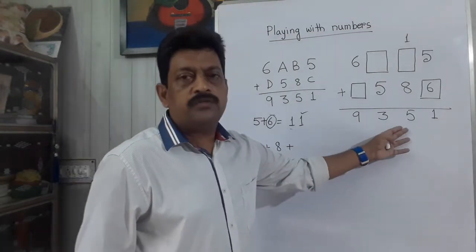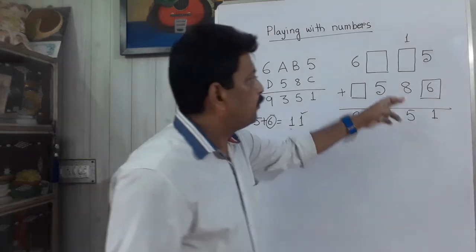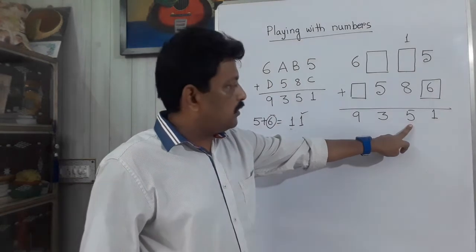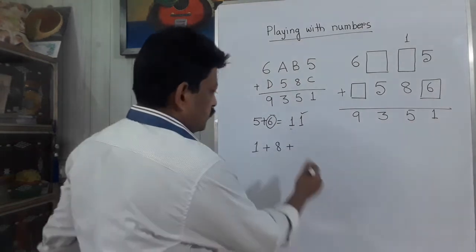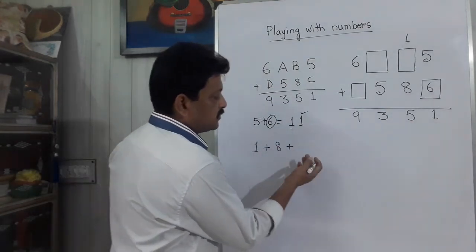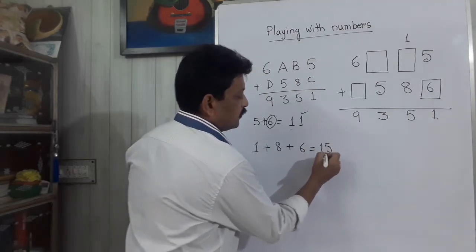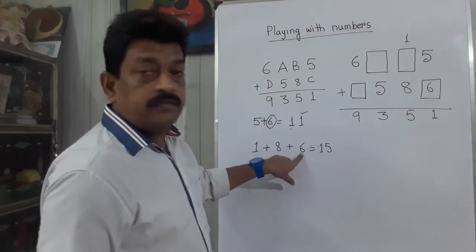In other words, I want to say that 15 is the sum. So it is 1 plus 8 is 9, 9 plus 6 equals 15. So the required number is 6 again.